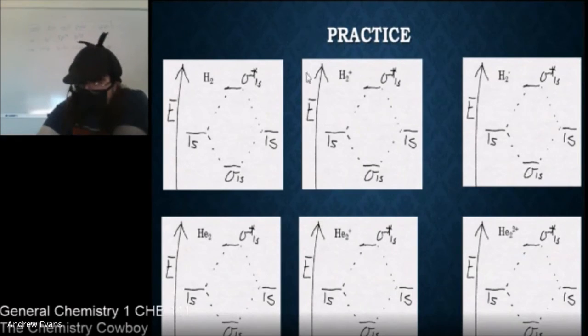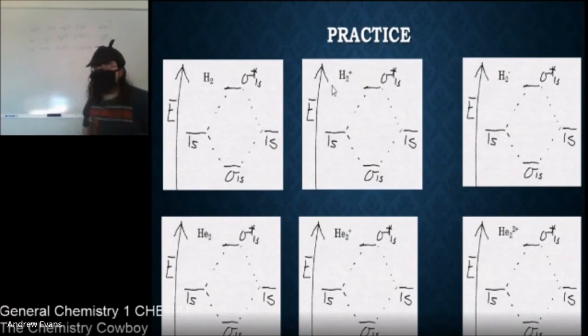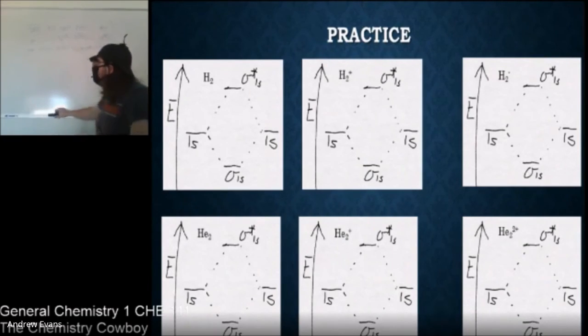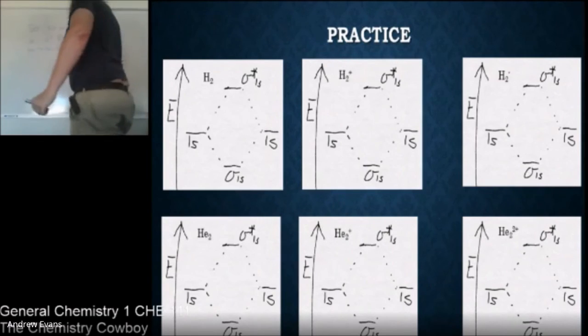Right here, I'm going to work these out. We have hydrogen, hydrogen plus, hydrogen minus, helium diatomic plus, helium diatomic 2 plus, and all of them have the same general setup.